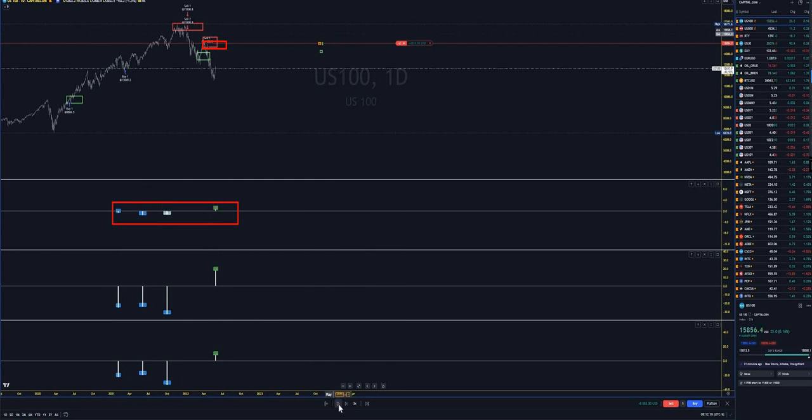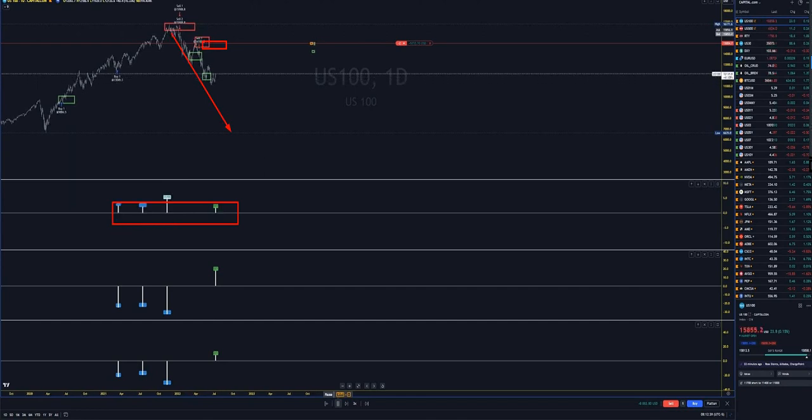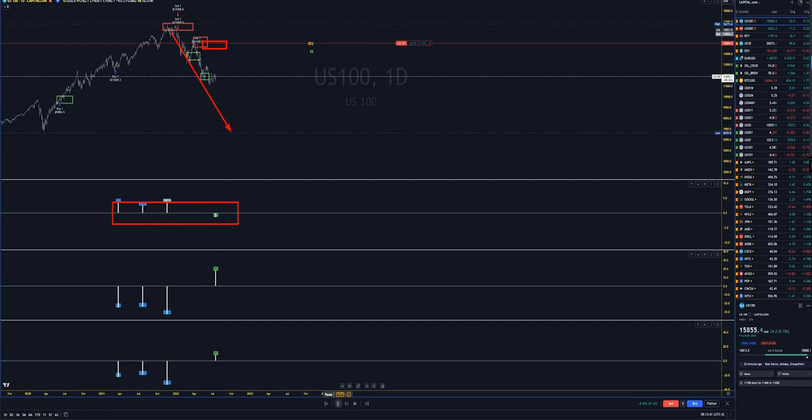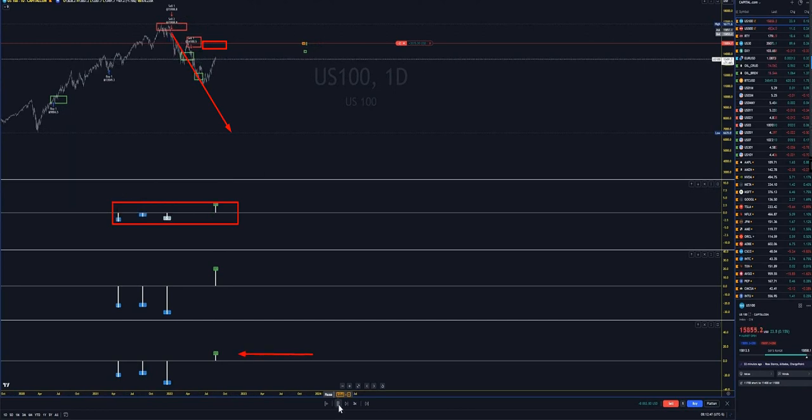Okay, now we see here we had a period of next profit taking if we liked to. But we stay with the trend. The trend is still active, the 52 weeks. Trend down, trend down.